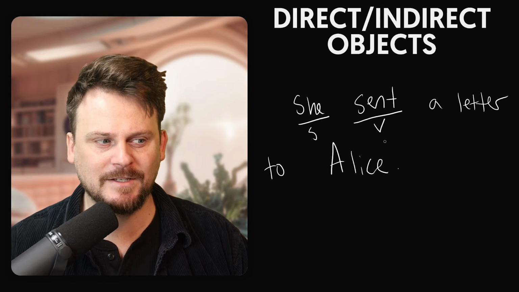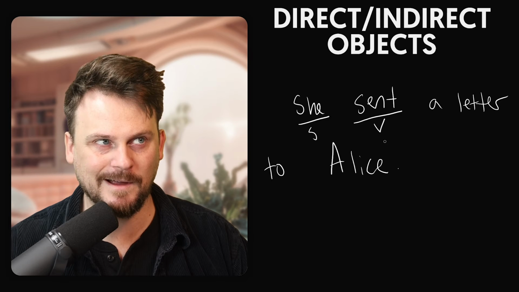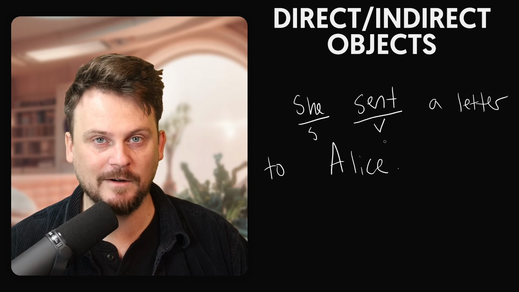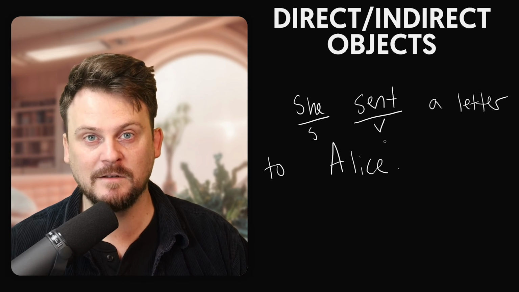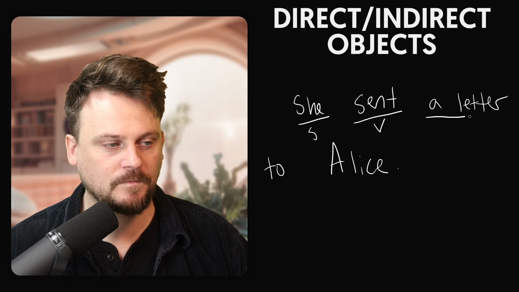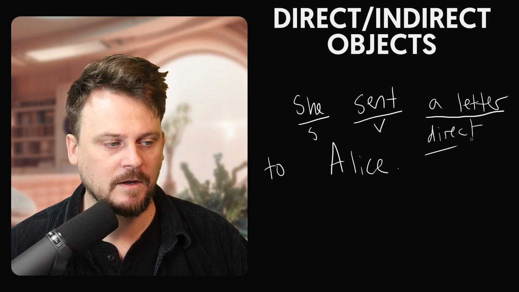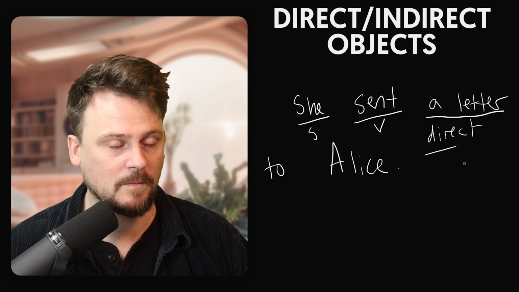So that's the thing that the verb is about, right? She sent a letter. She read a story. She sent a package. So this is now the direct object. That's the object of the verb, direct object of the verb.